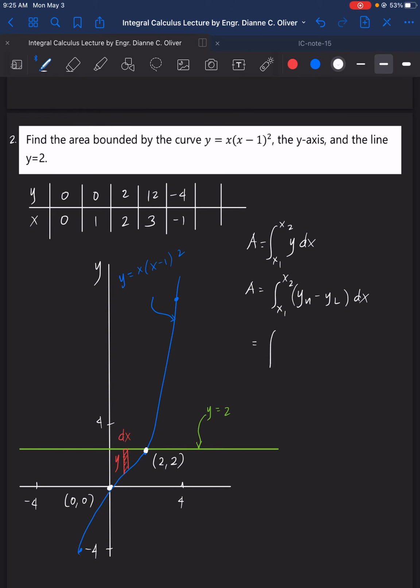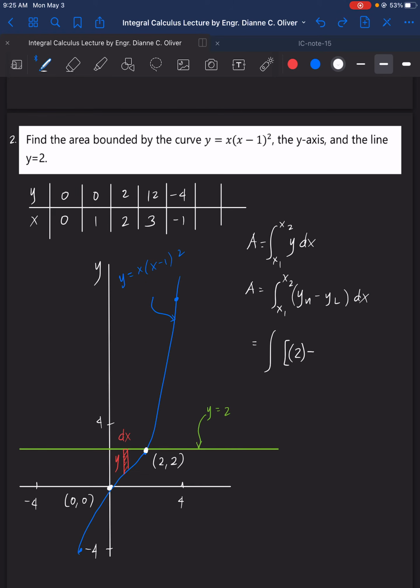So that is equal to our y upper, the upper line here, the upper point that is connected to the area strip is y equal to 2. So this is 2 minus the lower. Y lower is this point here.